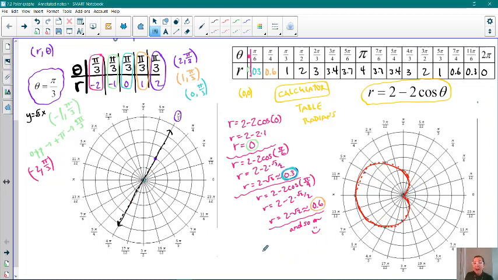This particular graph is called a cardioid. And I wonder if you could imagine why that is. Looks a little heart-ish. Maybe even more of an anatomically correct heart, but nonetheless, this is called a cardioid. So when you are graphing polar graphs, you are going to make a table, plot your points, and connect the dots.